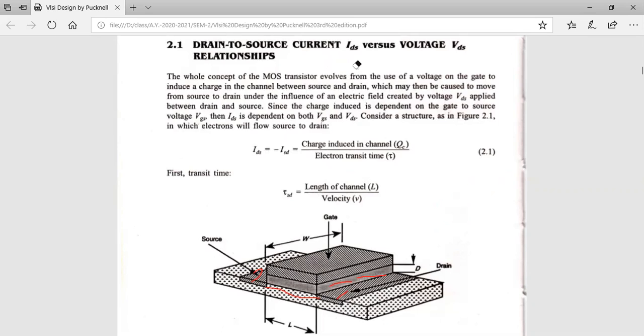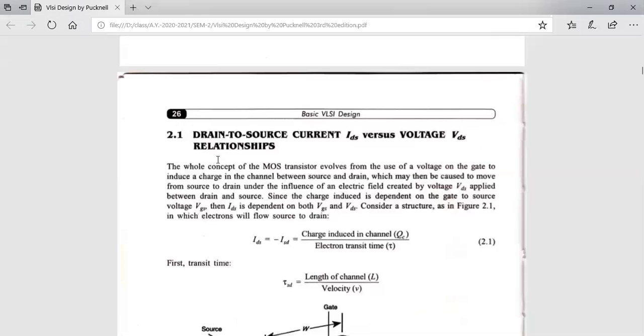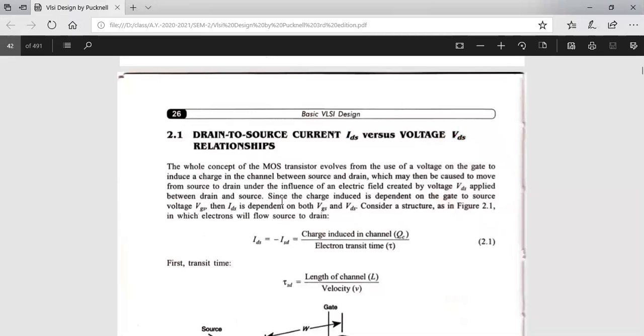See here, we are going to discuss now the IDS versus VDS relations. The whole concept of the MOS transistor revolves around the voltages and the currents.